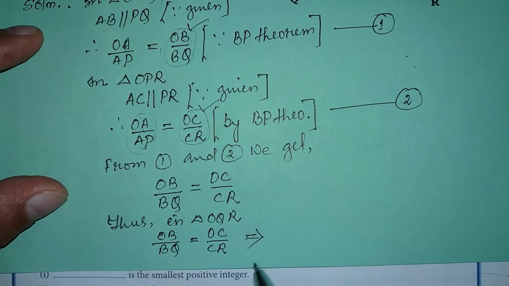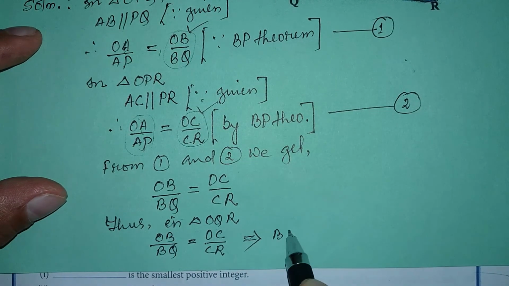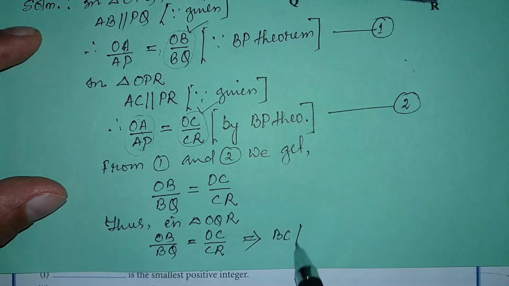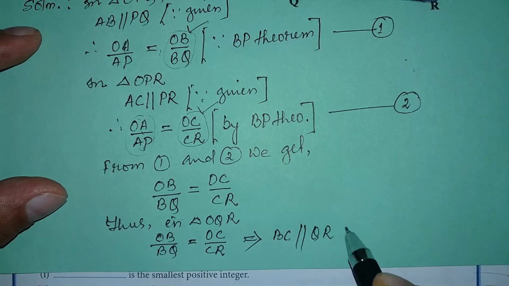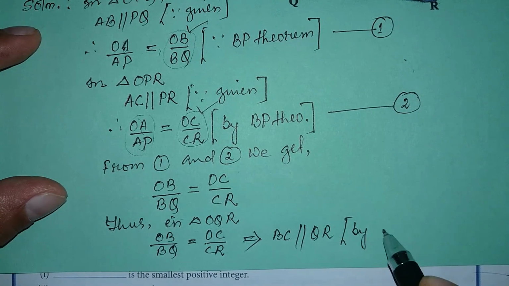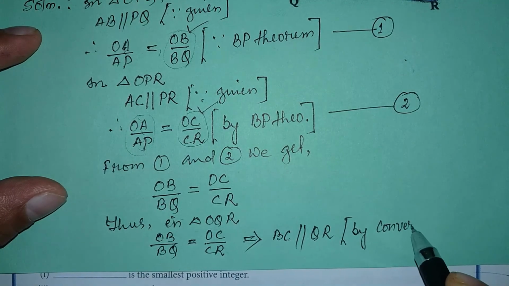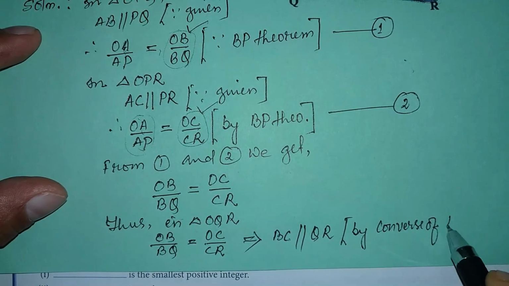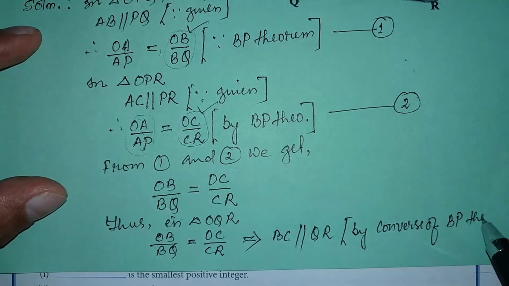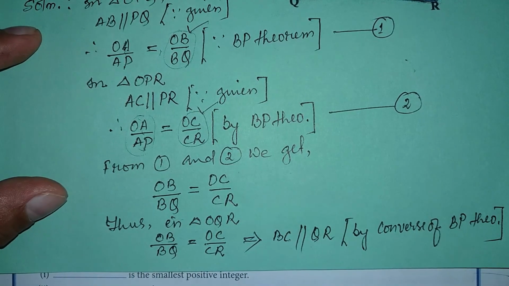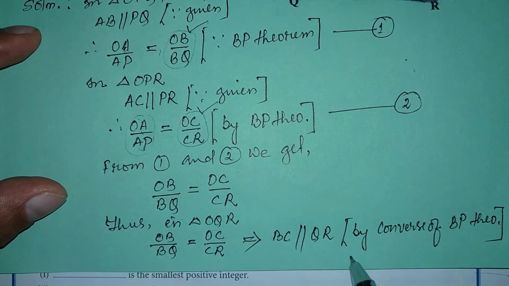So this implies that BC is parallel to QR. This is by the converse of the basic proportionality theorem. So that is what we have to show.